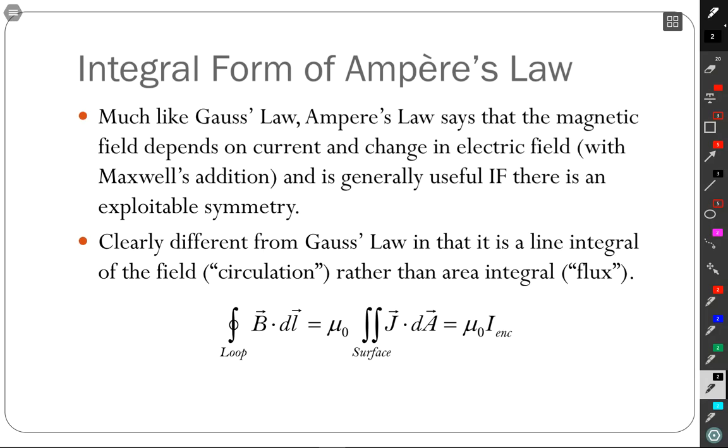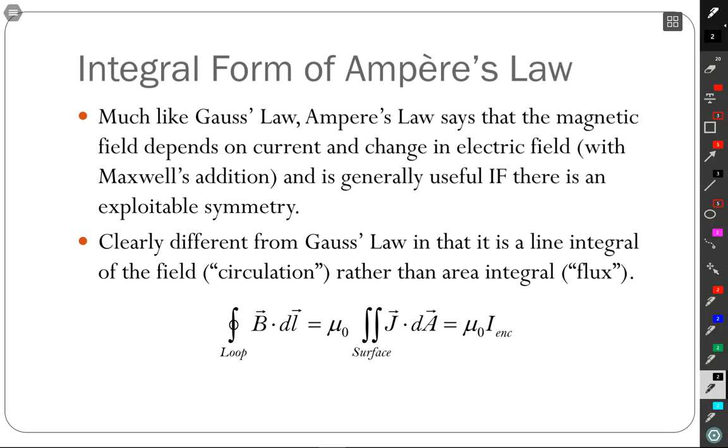And then on this side, we find what the current enclosed is. And for a typical single wire, the current enclosed is the I of that wire. And then we set the two sides equal to each other. And then what we traditionally do is we solve for, well, what is B? If B 2 pi r is equal to mu naught I, and you divide by 2 pi r, you have, hey, B equal to mu naught I over 2 pi r. Does that answer your question?